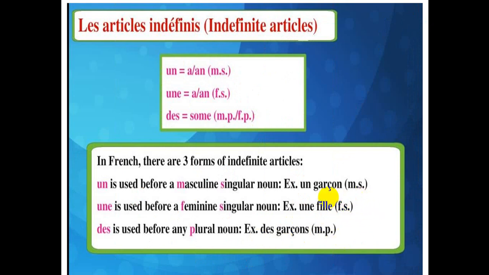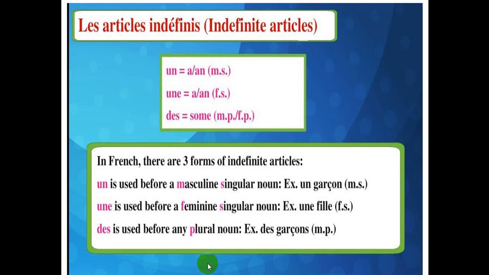Now, the question is how we can differentiate which noun is masculine or which noun is feminine, or you can say where we can use un before the nouns or une before the nouns.